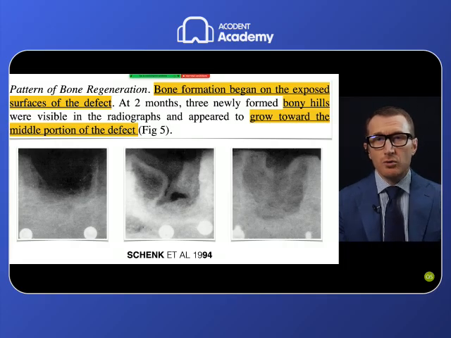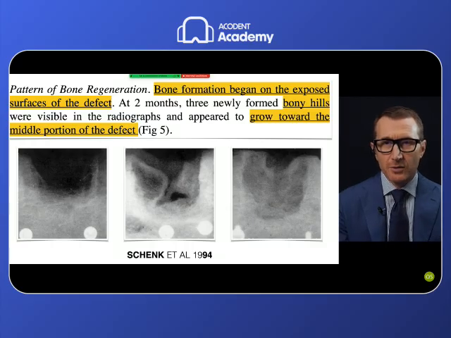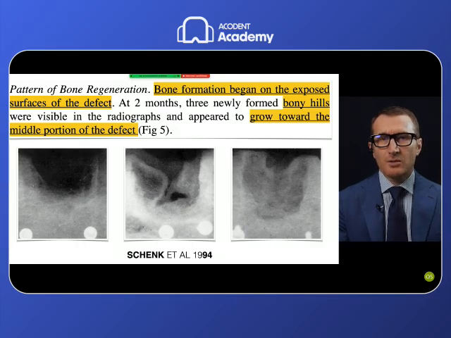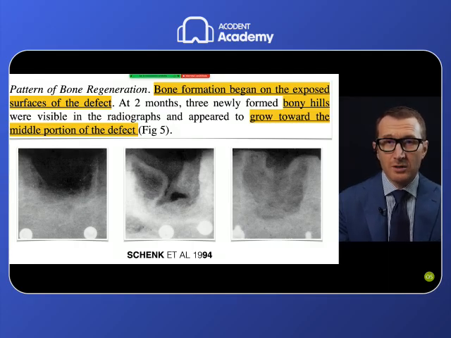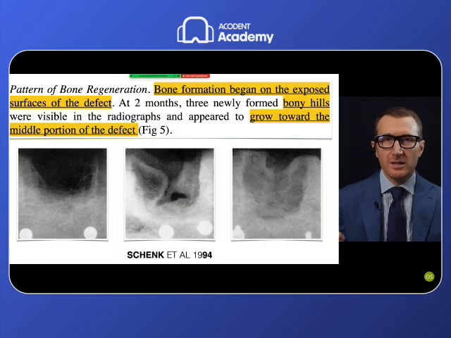Because close to the walls of the defect, we have the vascular support, we have the inductive factors related to the bone close to that area, and we have the mechanical protection given by the wall of the defect itself.